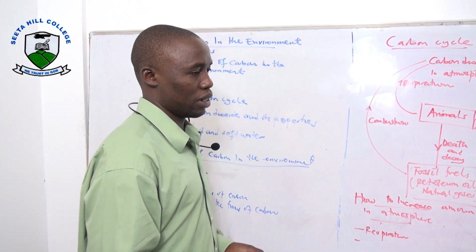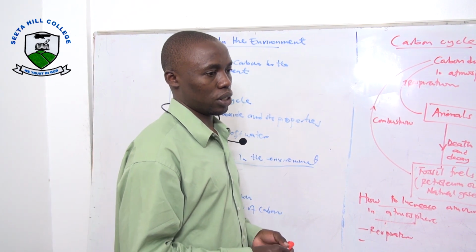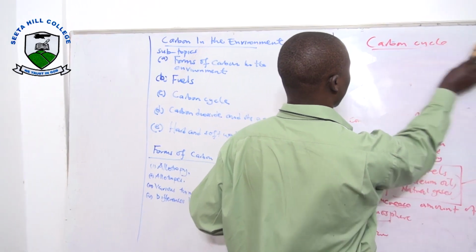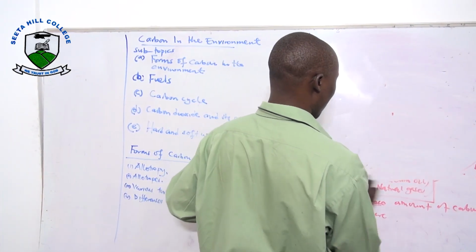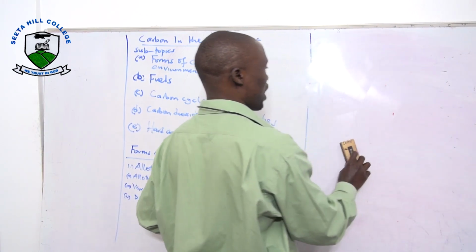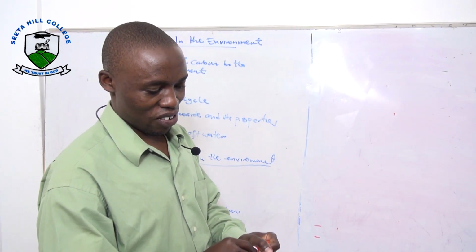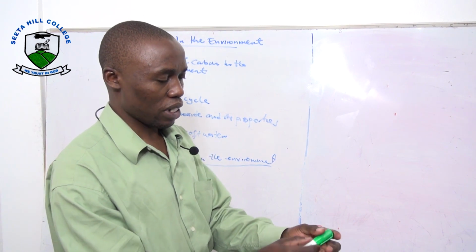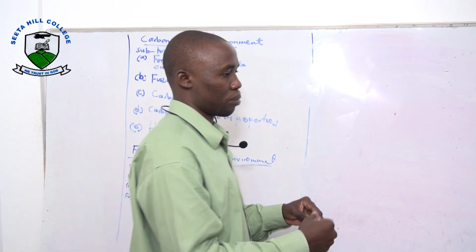That's very good. Now it is a long topic, but you need to be very attentive. Now let us go to carbon dioxide and its properties. We shall discuss how to prepare it locally in the laboratory.